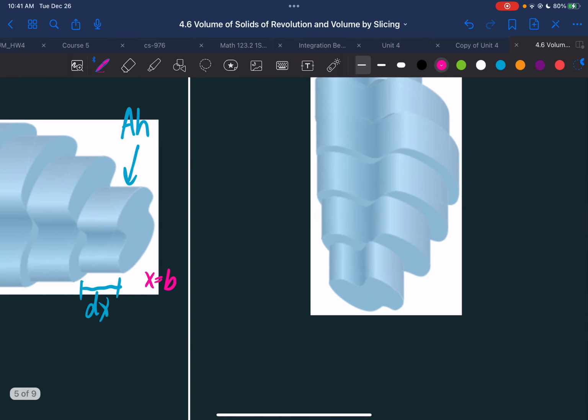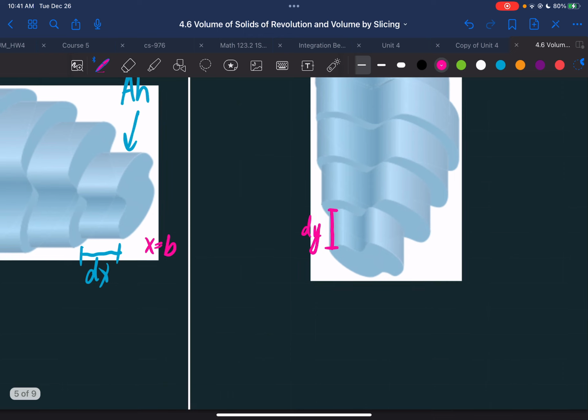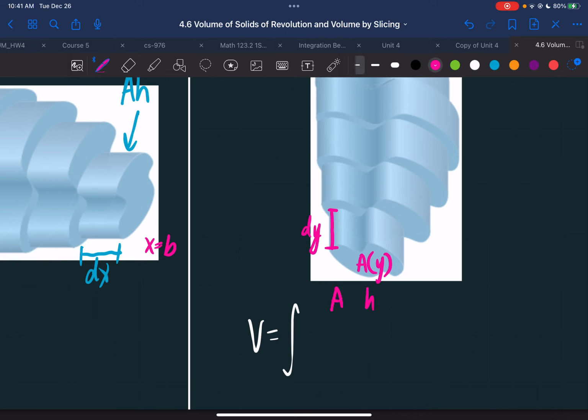In horizontal slicing, we have the same technique. You have your area right here and you have your height. Your height here now is a vertical height. So that means this is spanning through values of y. So we have dy right here. And so your area right here should be in terms of y. So for your volume, that would be the integral of area times height. So that's A of y times your height, which is dy.